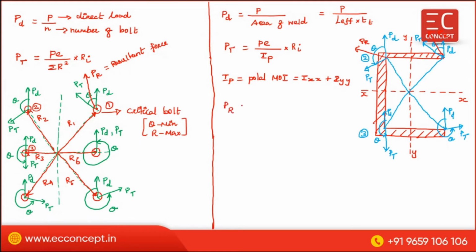PR is written as the root of PD square plus PT square plus 2 PD PT cos theta. So this is your resultant stress PR.